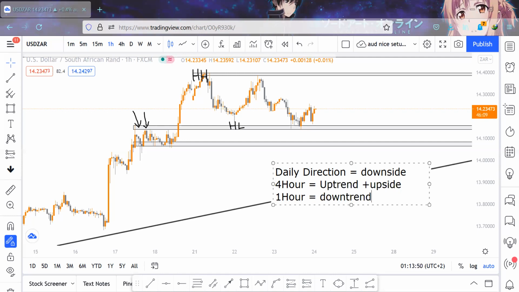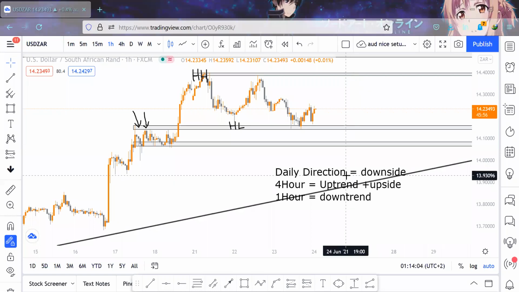So it means that currently, right now, the market on the 1-hour time frame has been moving towards the downside, right?